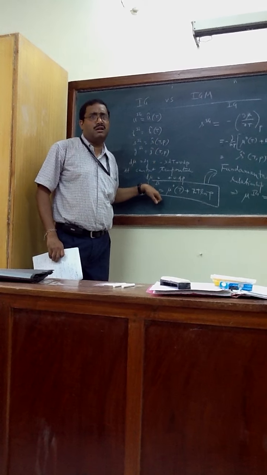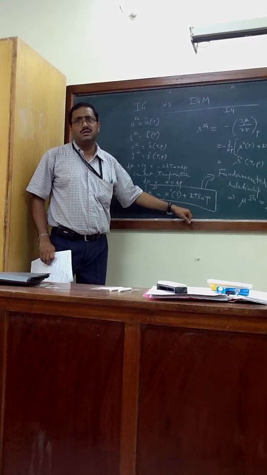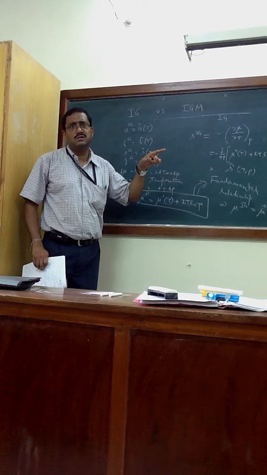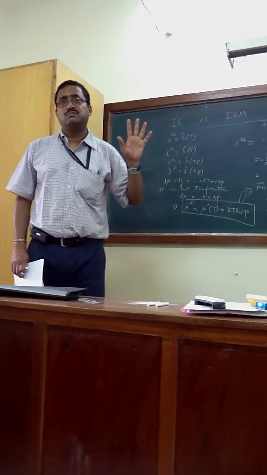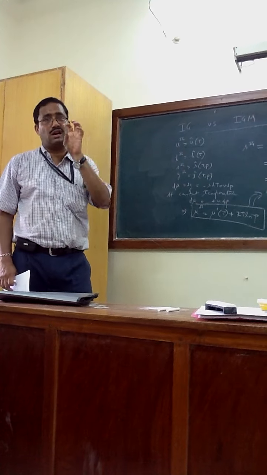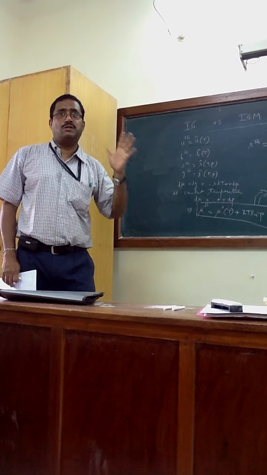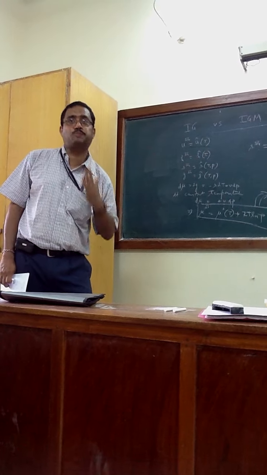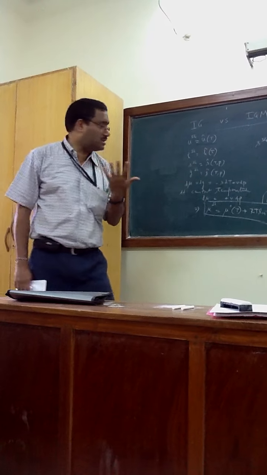So Gi IG will be mu i0(T) plus RT ln p. Gi bar IGM is mu i0(T) plus RT ln p xi. And you see that the second term will make a lot of difference here, and we will discuss that point. Now we understood why you can expect a difference. They are not the same. Right? They are not the same.